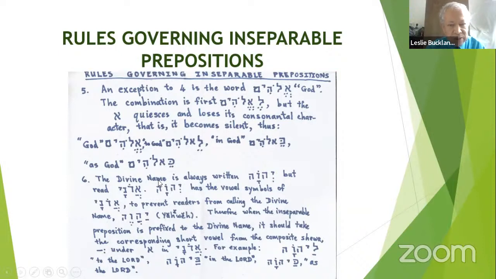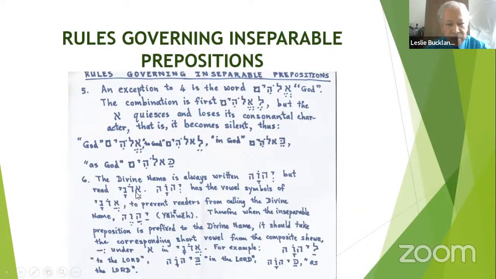Rule number 6. The divine name, that is the personal name of God, is always written Yehovah in the Hebrew Bible, but it is read by the Hebrews by calling another name, which is a title that is used of God, which is Adonai, which means Lord.